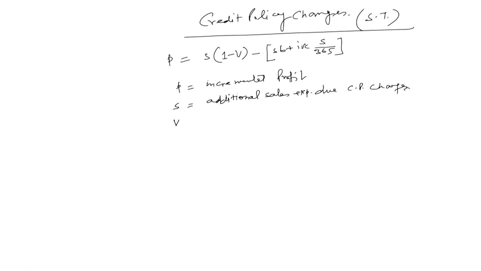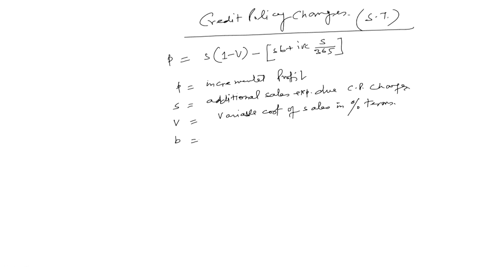V is the variable cost of sales in percentage terms, not absolute, only percentage terms. Then what is B?